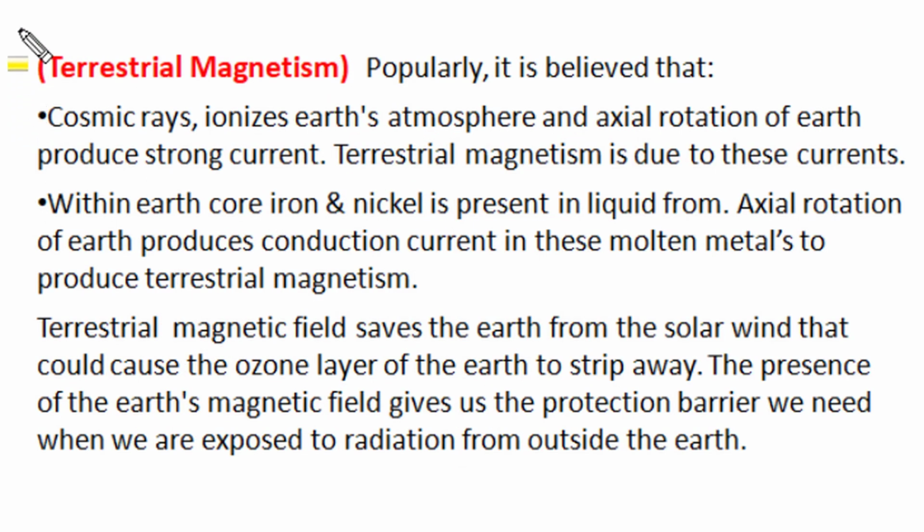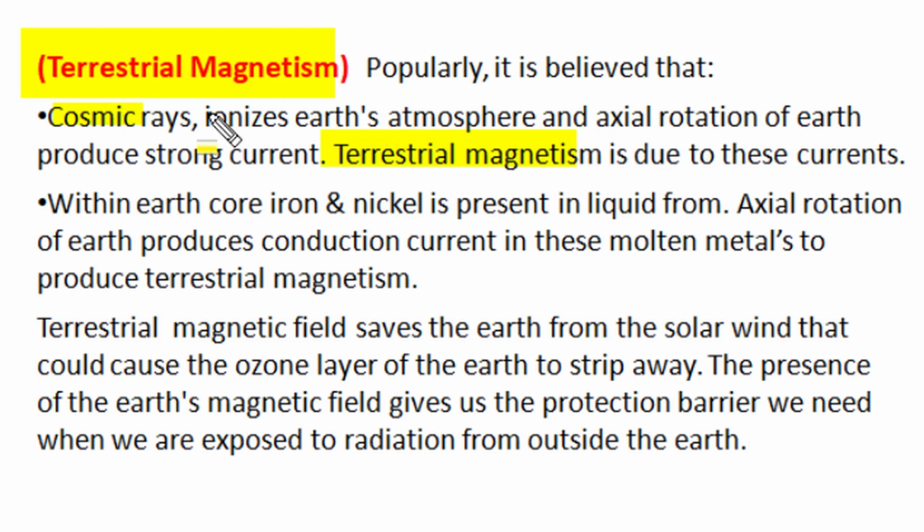To explain the source of terrestrial magnetism, it is popularly believed that in outer space, high energetic cosmic rays ionize Earth's atmosphere, and axial rotation of Earth and the relative position of atmospheric ions and Earth's surface generate a strong current effect, and due to those currents of atmospheric ions due to axial rotation of Earth, we observe terrestrial magnetism surrounding the Earth.